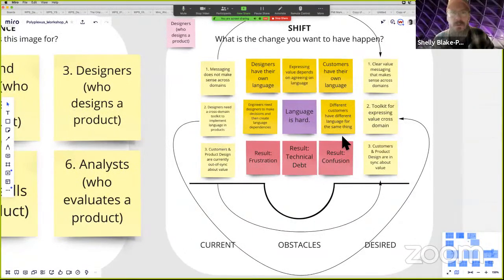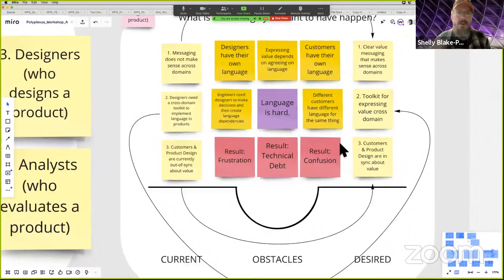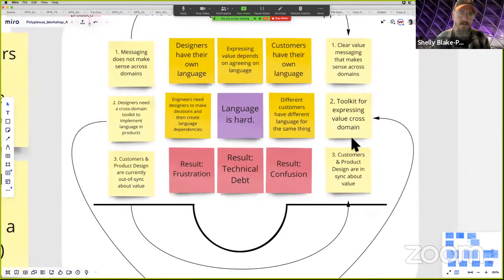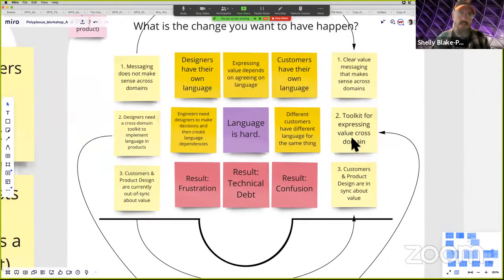Sure. So on the current side, you have the current issues on the left. On the desired side on the right, you have the corollary solution to each issue. And in the middle, you have sort of the crux of the problem. At the most general, high level, the issue is that language is hard.